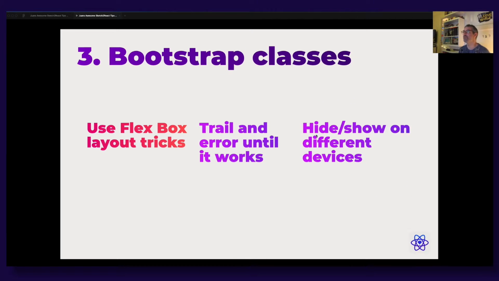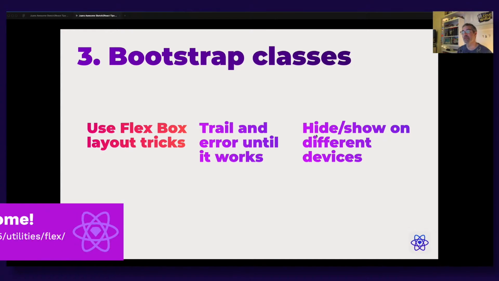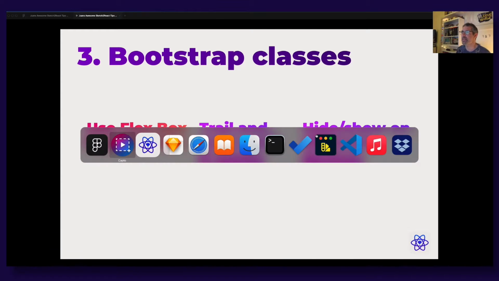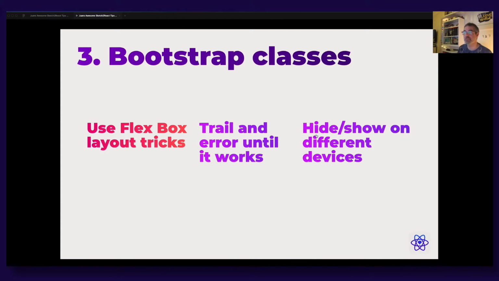Let's continue. Another thing that I really enjoy is, since Sketch2React is built with Bootstrap behind it, you can use a lot of Bootstrap classes. I will show you an example. For example, Flexbox layout tricks.